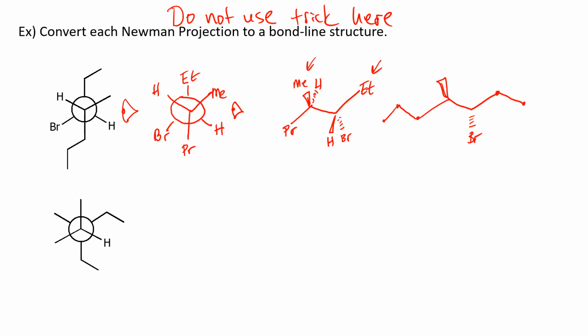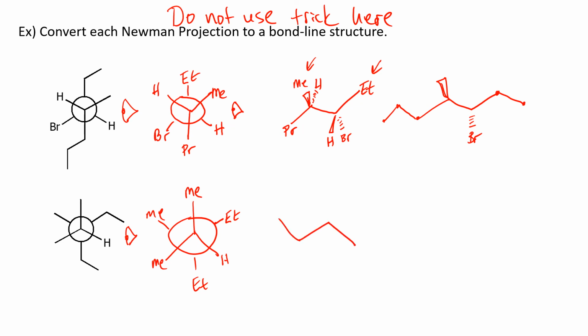For the next one, we're going to do the same thing. We're going to look at it from this perspective. Let's convert this to something a little bit simpler. There's a zigzag template in this case, going up now.